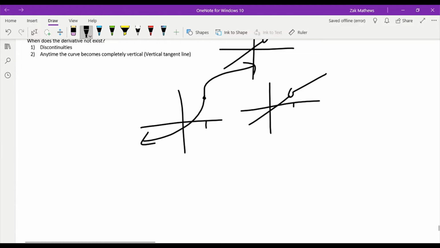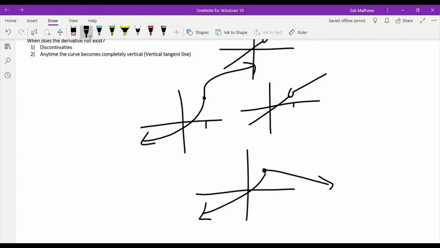It could be that as we approach a point, we see two different slopes. So unlike with the jump where it's just completely separated, right here we see, and I've drawn it as if it's becoming vertical. I don't even have to do that. So let me change it completely. Let's make it a little more of a non-vertical slope. If I were to look at the tangent line on the left-hand side, it would be this green line here.